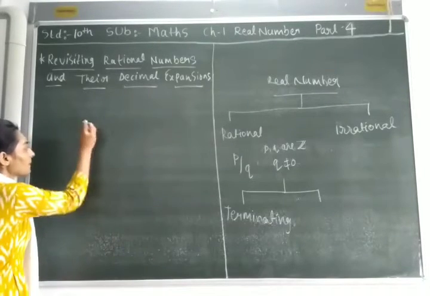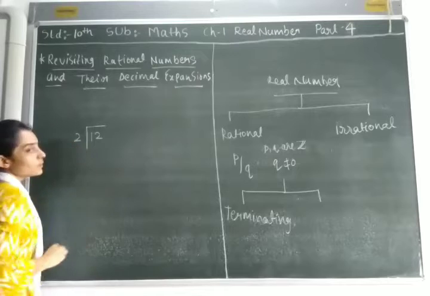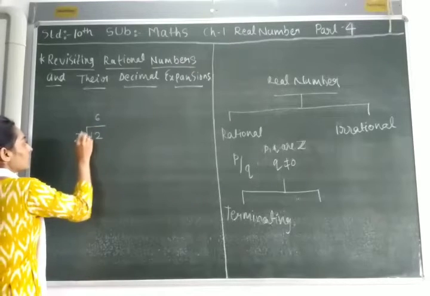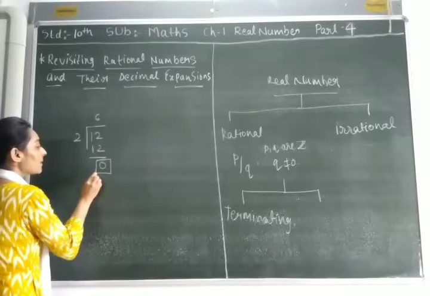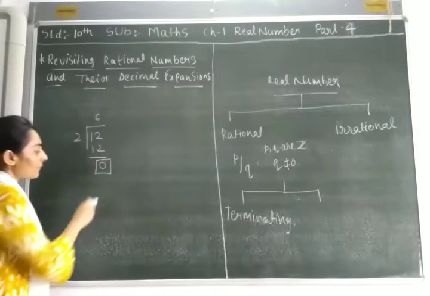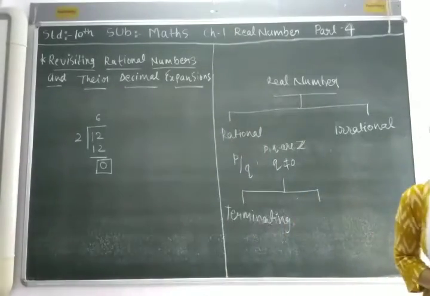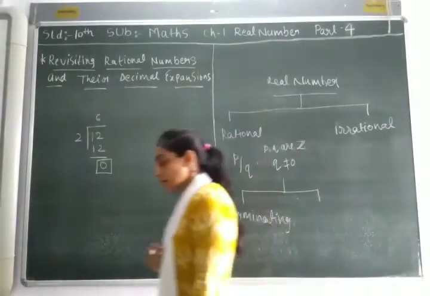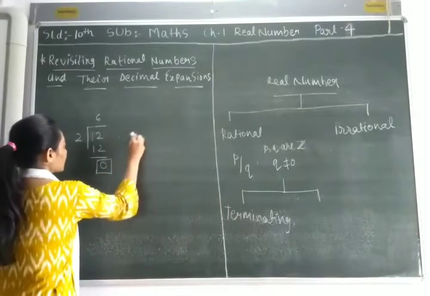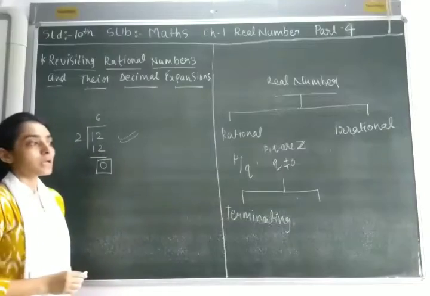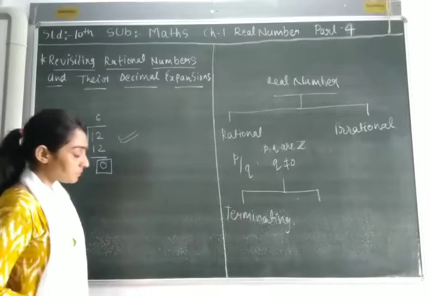Let's say one example. If you divide 12 by 2, 2 sixes are 12. Hence, I am getting the remainder 0. After getting the remainder 0, we cannot do further division. So we can say that this is terminating. It terminates over here.